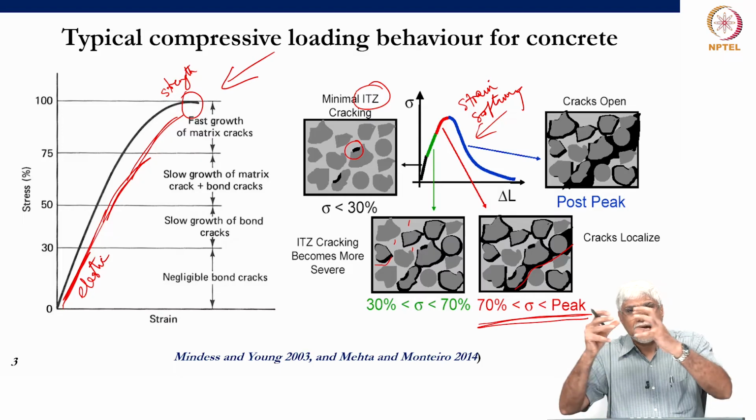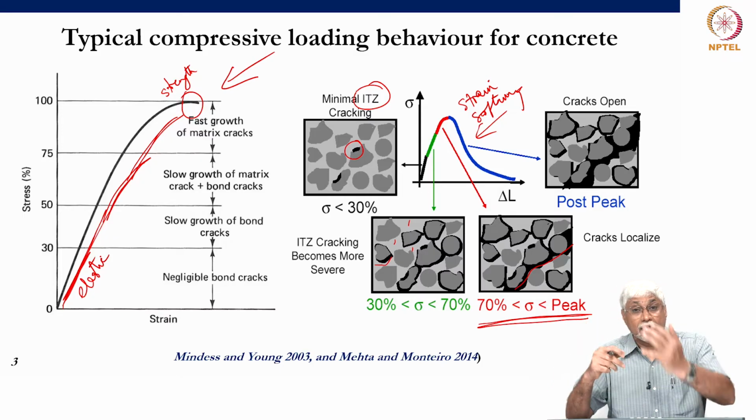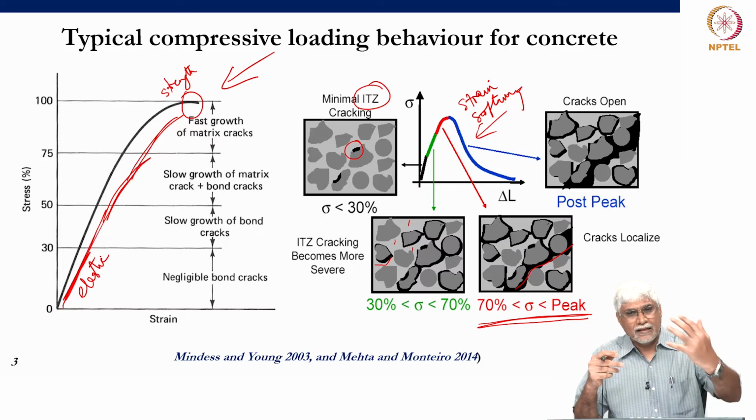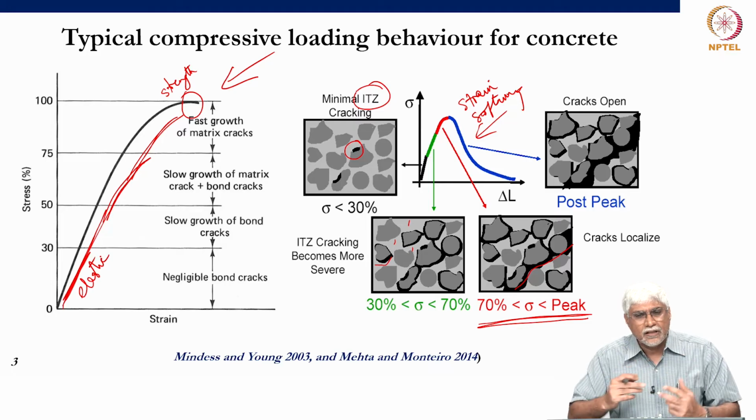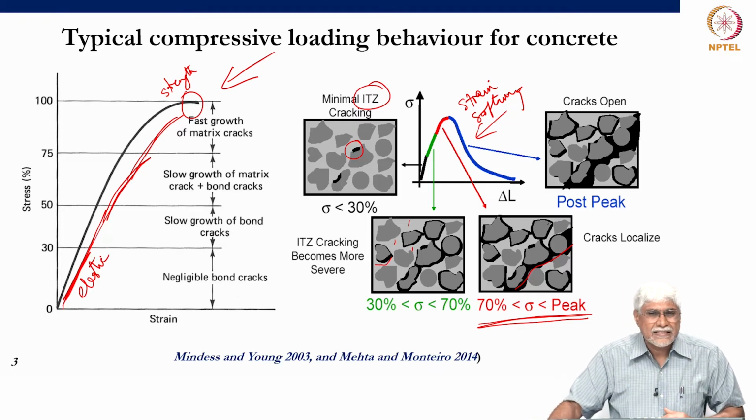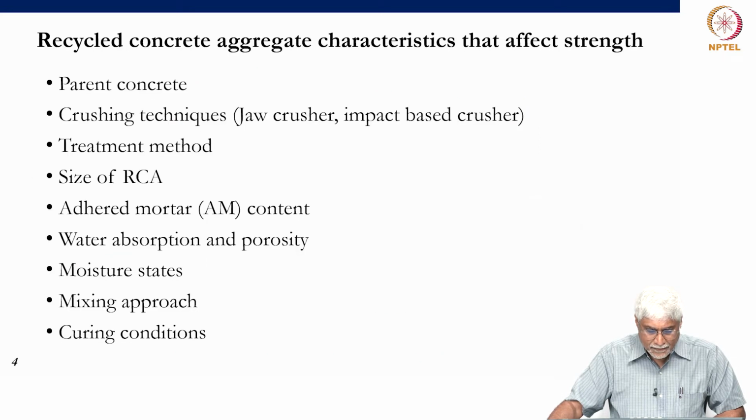We have put this aggregate into concrete. So, there is another interface now coming between the new cement mortar and the old cement mortar that is stuck on the aggregates. So, this phenomenon changes the way that concrete behaves when you have recycled concrete aggregates.